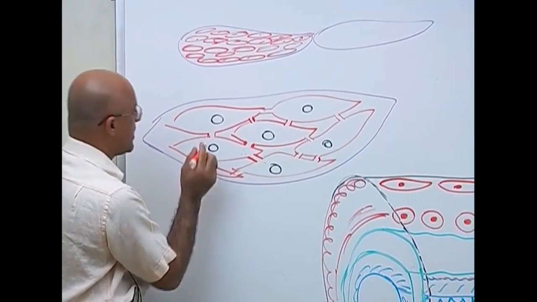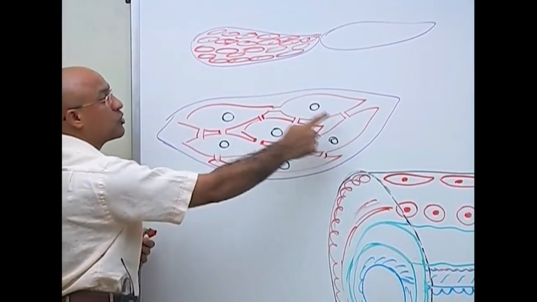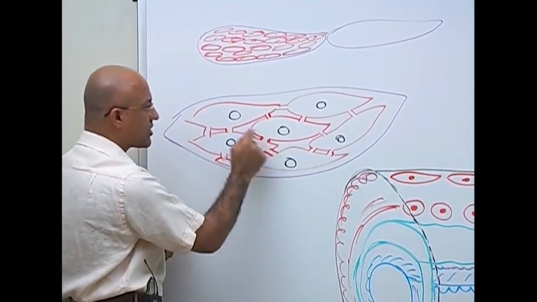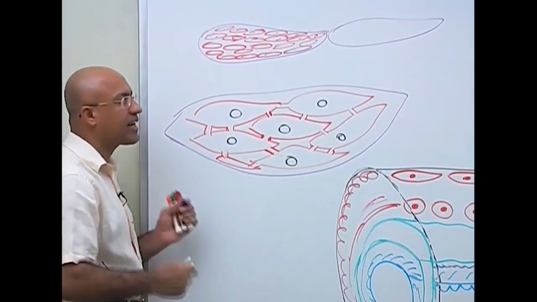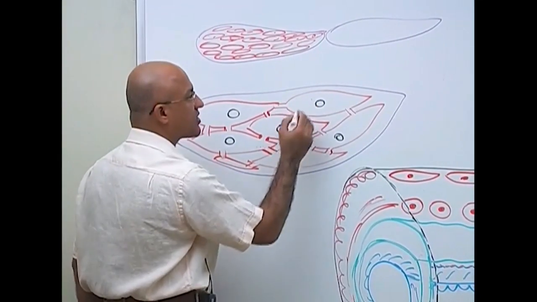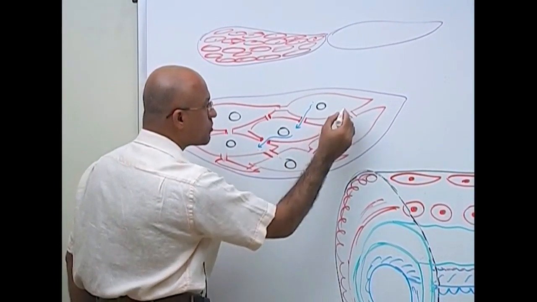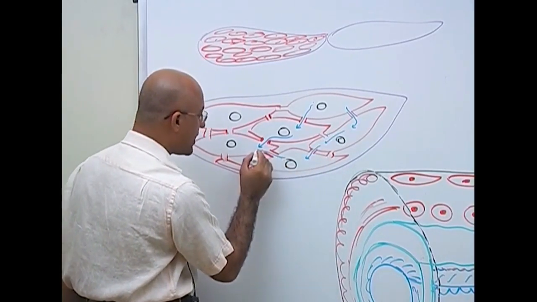Now the point which you need to understand is, because all these smooth muscles in a bundle are connected with each other through the gap junctions, any significant electrical activity in one smooth muscle will be communicated to the neighboring smooth muscles also, right? So what does it mean?